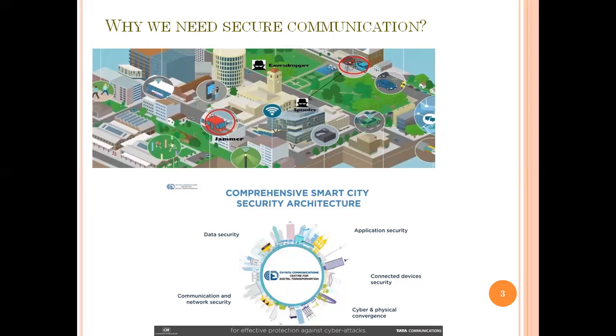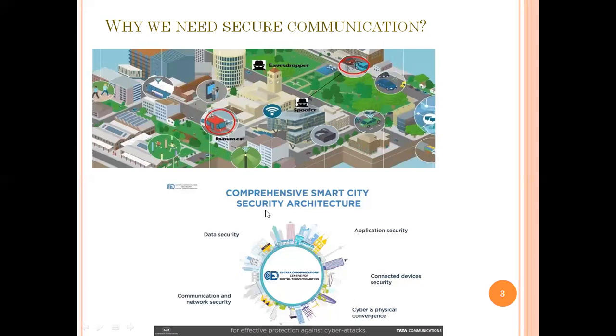In a comprehensive smart city security structure, you expect several services in terms of data security, communication and network security, application security, connected devices security, cyber and physical convergence.